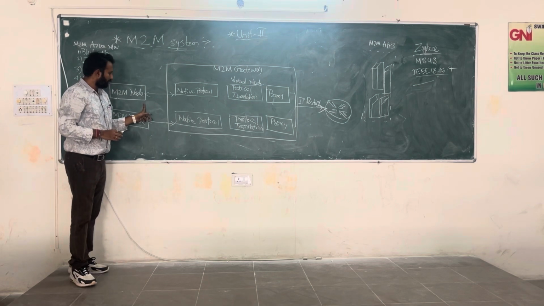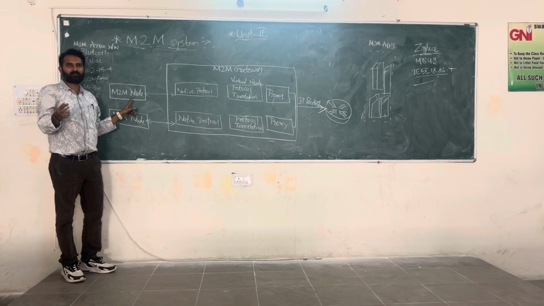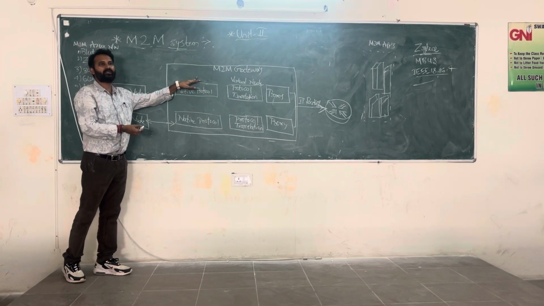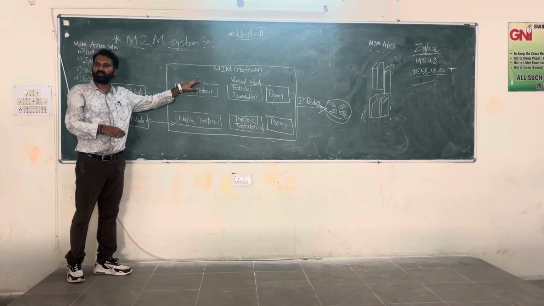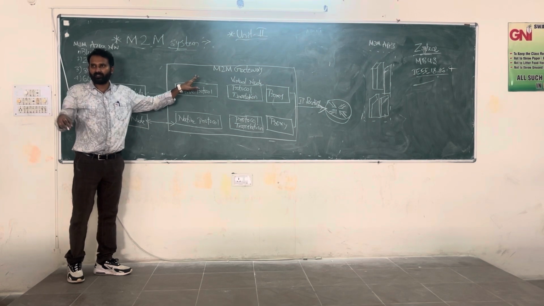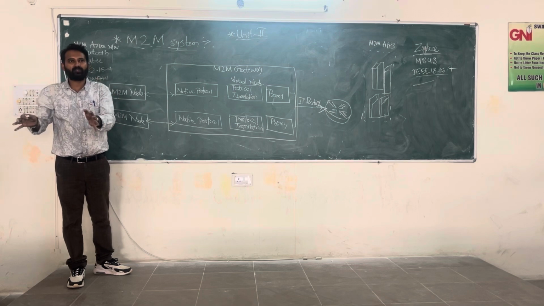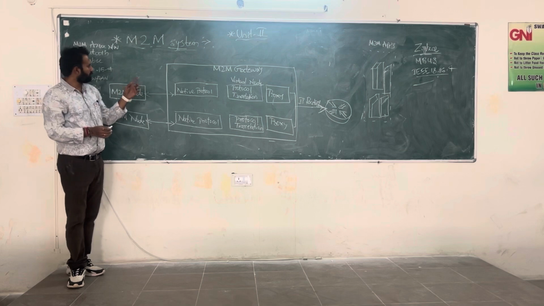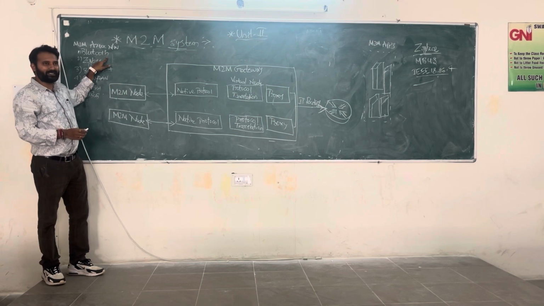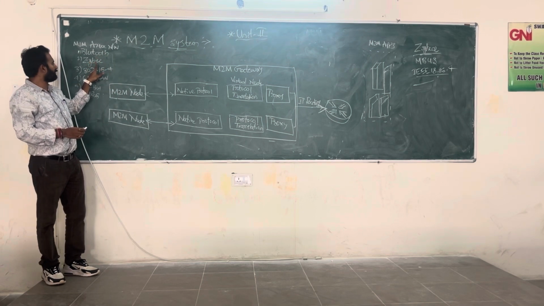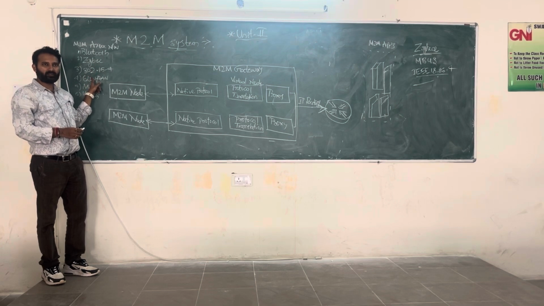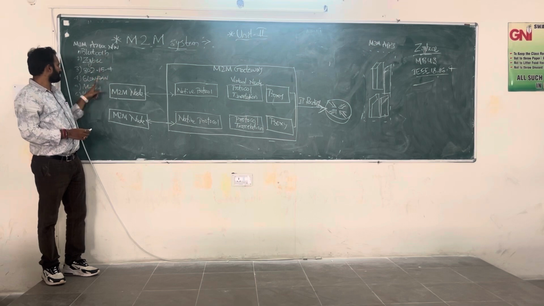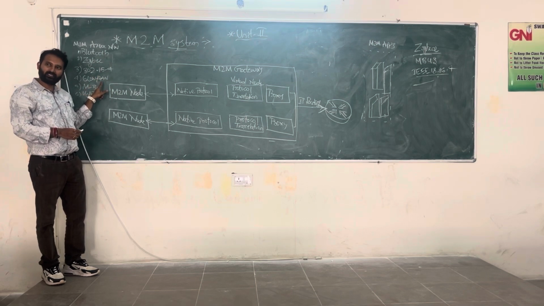See here, M2M node means your devices. M2M node stands for devices which communicate with the gateway by using native communication protocols. Native means they are available within an area with a certain distance, 100 meters, 200 meters. Those protocols are the native protocols: Bluetooth, Zigbee, IEEE 802.15.4, Wi-Fi, 6LoWPAN, all wireless.